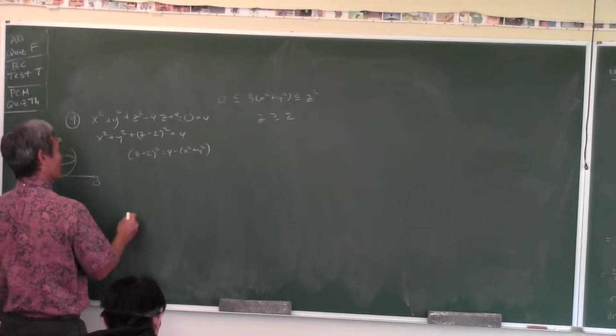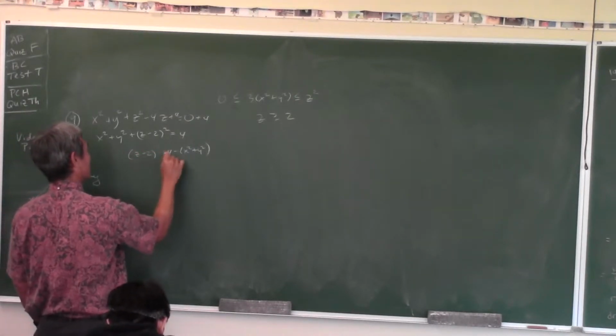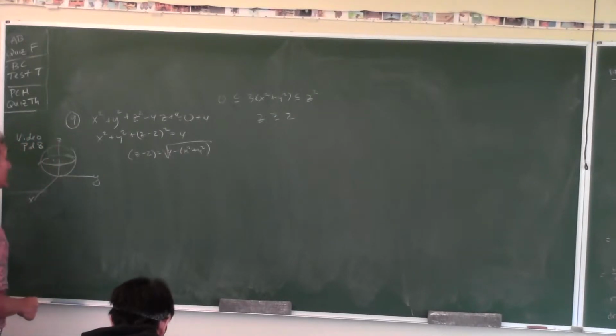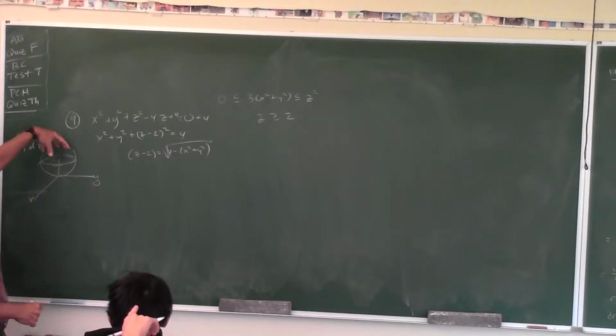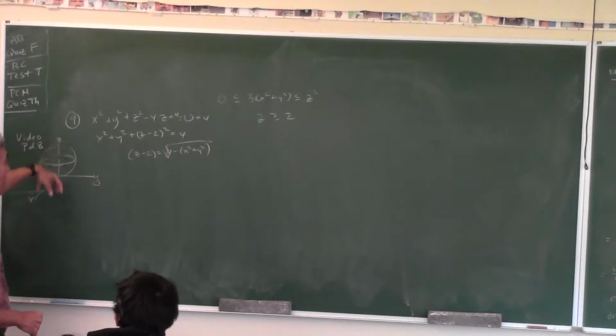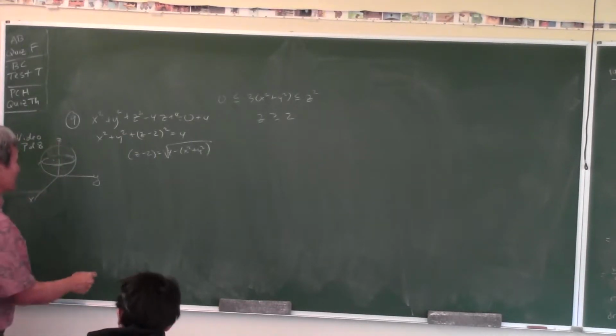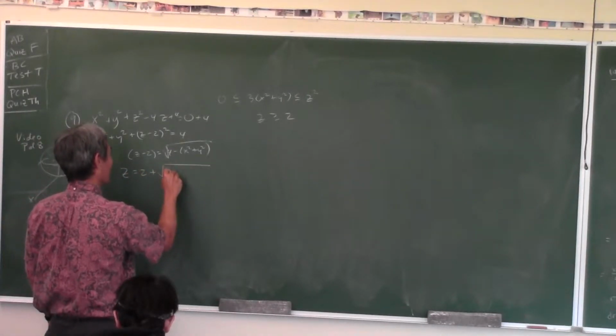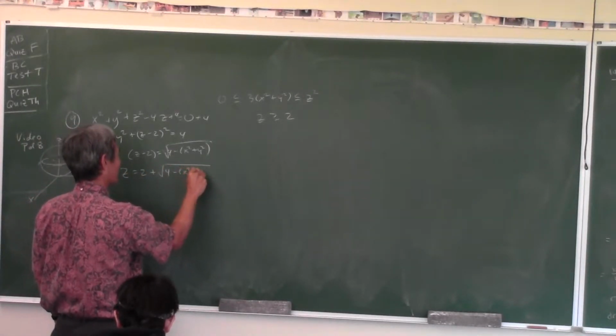And then square root both sides. How come I take the plus? How come I do the upper half? Because z is greater than 2, so it's the upper half of the sphere. So z is equal to 2 plus root 4 minus x squared plus y squared.